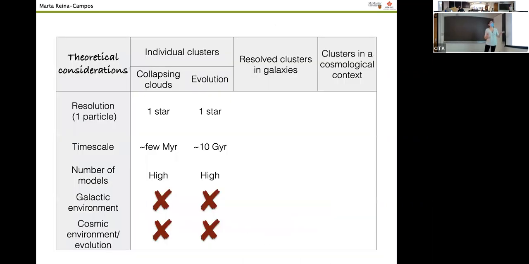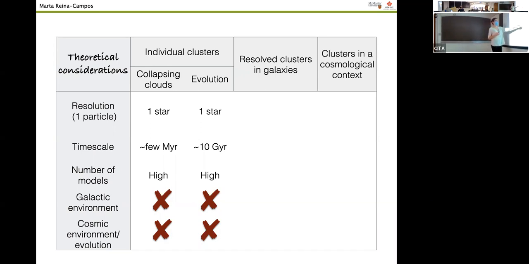And so these individual cluster simulations, as I call them, are extremely nice from a resolution perspective, or extremely computationally expensive, depending on how you want to look at it, because one star in these simulations typically corresponds to an actual star in the universe. The time scale over which one can run these simulations is slightly different.